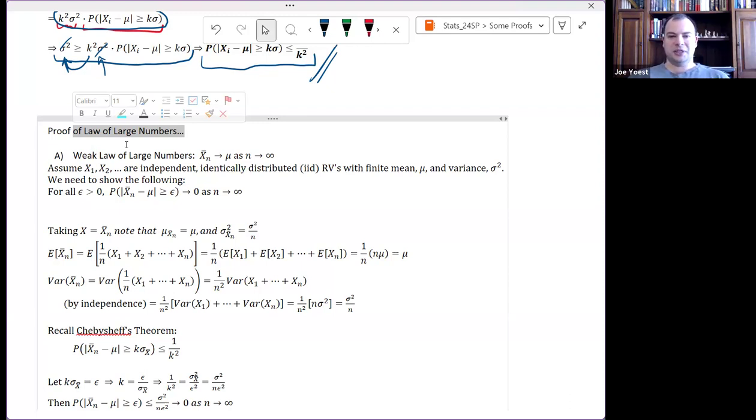That's what the law of large numbers says. The empirical frequency distribution looks like the underlying frequency distribution.